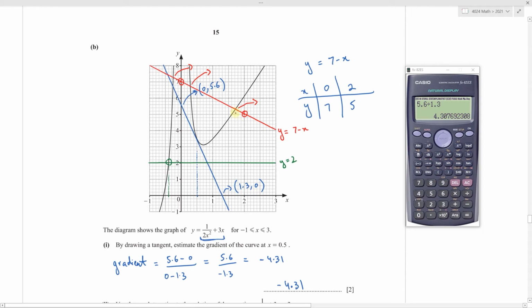So what are the x values here? The x value here is almost 0, so this is 1.5, 1.6 almost. Let me see. Each block here is representing 0.1. Let's actually draw a straight line down here.